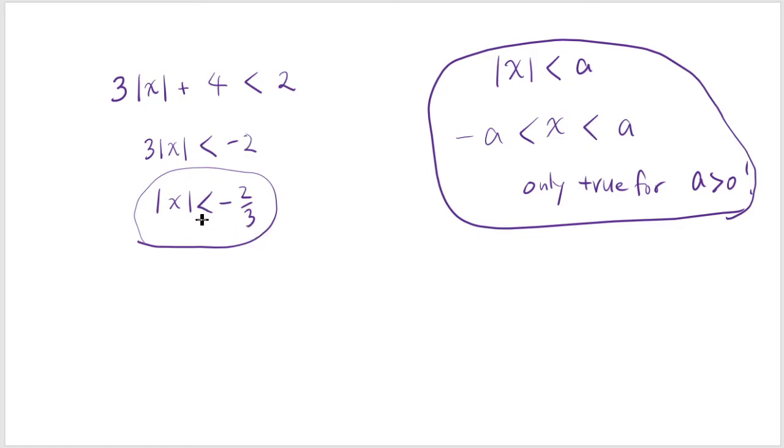If your absolute value is less than a negative number, there's trouble with that, because I know that absolute value of x is always positive. So saying a positive number has to be less than negative 2/3 is impossible.